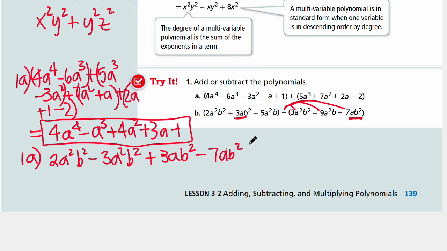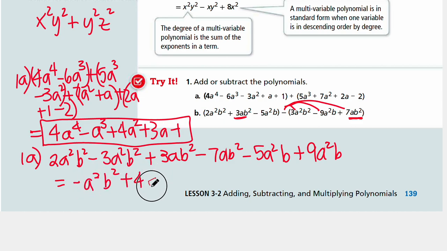And then you have minus 5a squared b, and then minus negative would be plus positive 9a squared b. And then you add the like terms, you'll get negative a squared b squared plus 4a squared b minus 4ab squared.